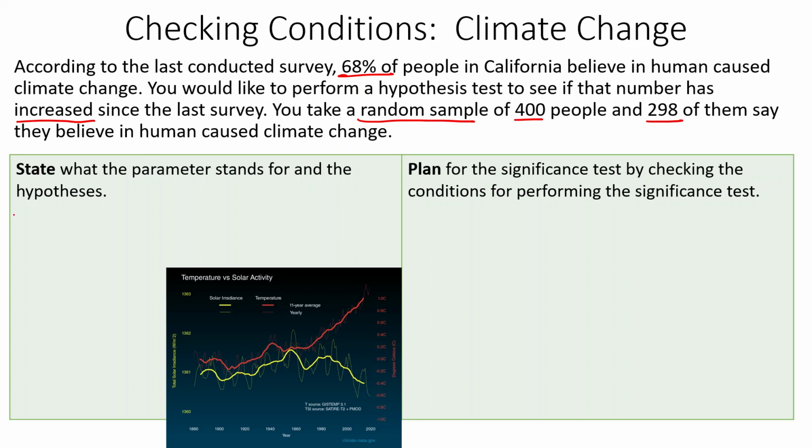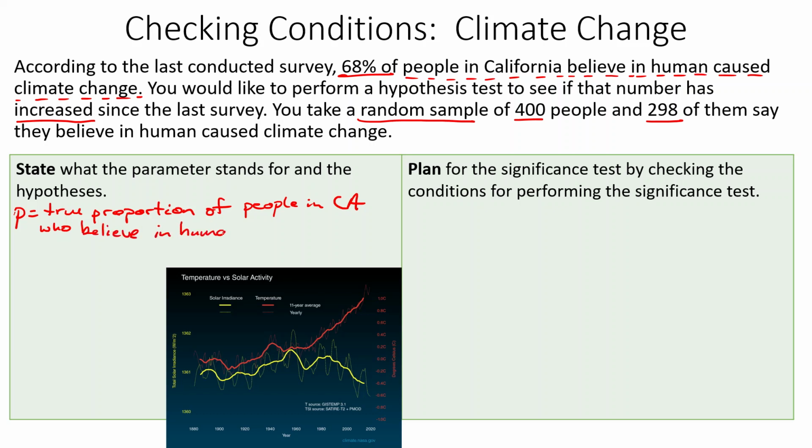So we're working with a percent, so it's a P, and this is the true proportion of people in California who believe in human-caused climate change.